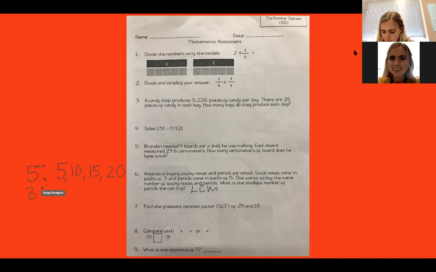Multiples of 3 would be 3, 6, 9, 12, 15, 18. So the least common multiple between the two I see is 15. So she would buy 15 pencils, or 3 packs of pencils because each pack has 5.